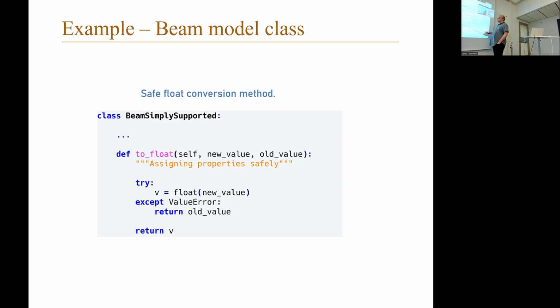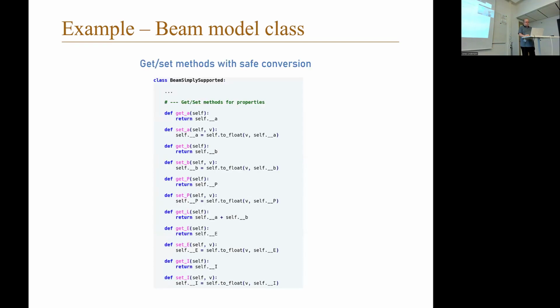If you're not able to convert here, I will return the old value. So regardless of if I try to put some alphanumeric characters here, this will catch it with a value error, and it will automatically return the previous value. So it's only a correct evaluation that will return a value. This is a generic thing that you can use for most conversions.